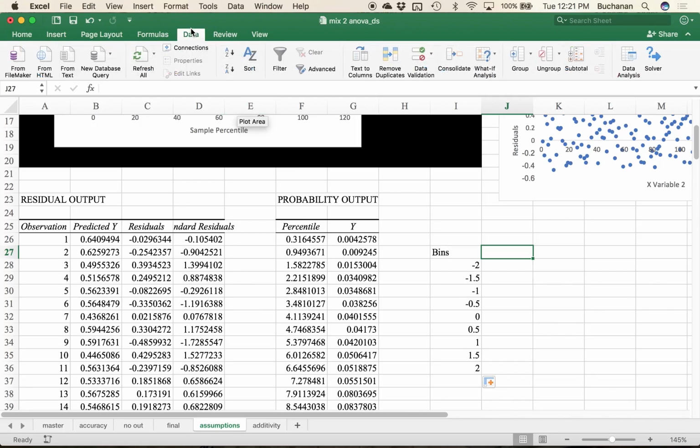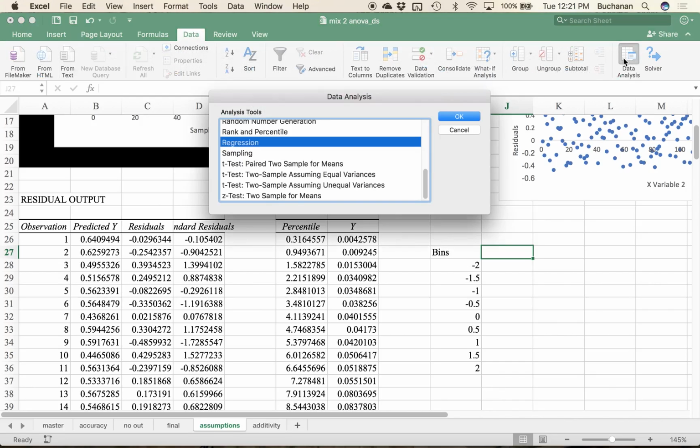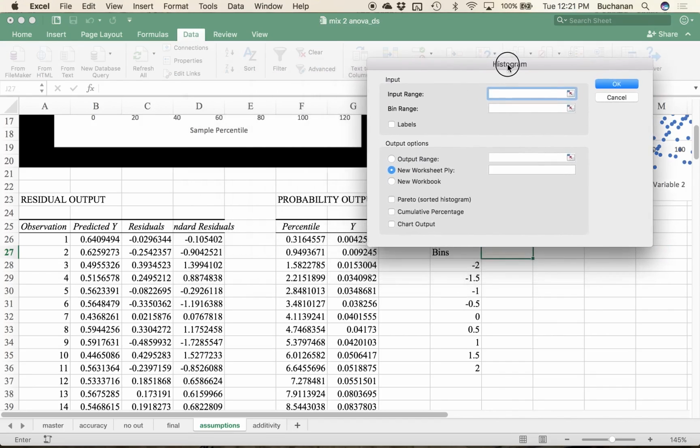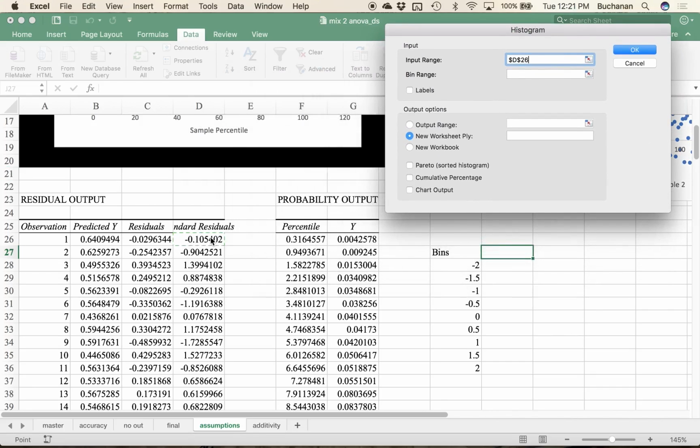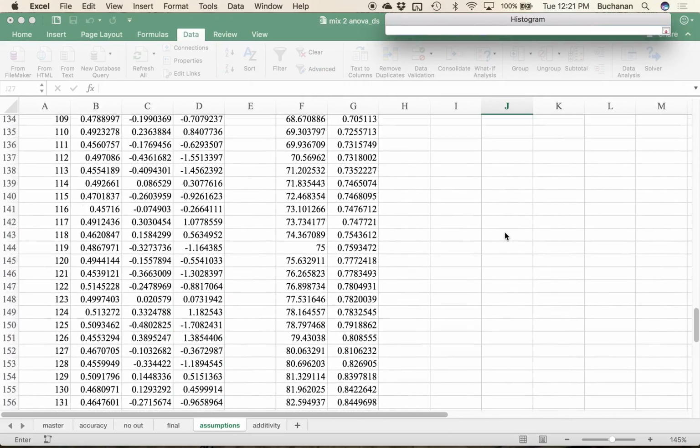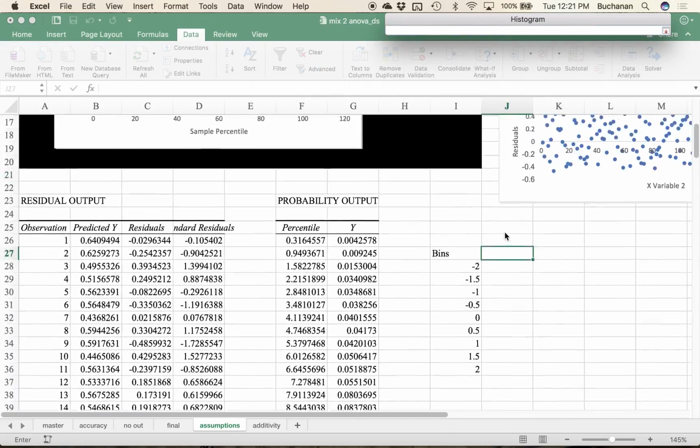Now click on Data, Data Analysis, and Histogram. Click OK. Our input range is the standardized residuals here. Our bin range are the bins that we just made.